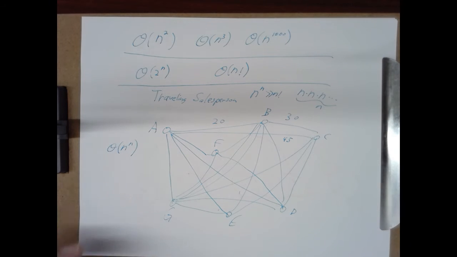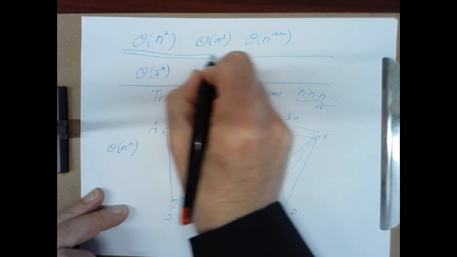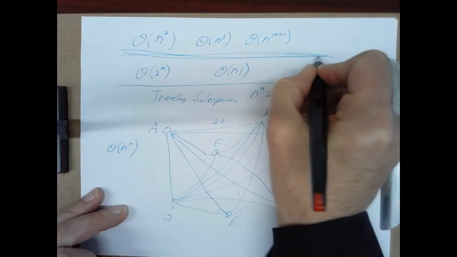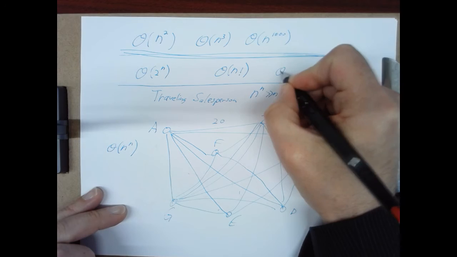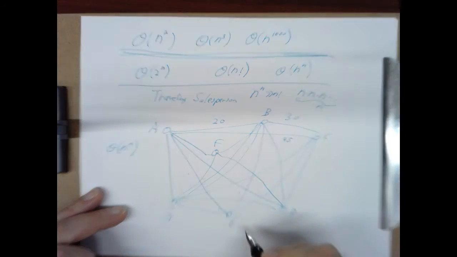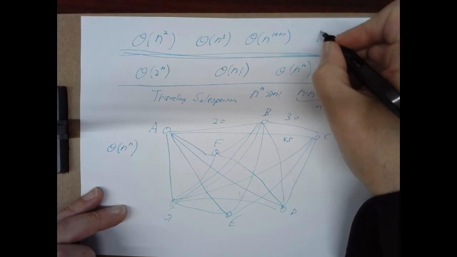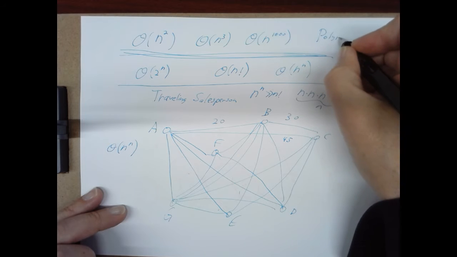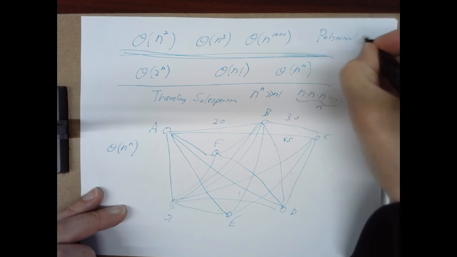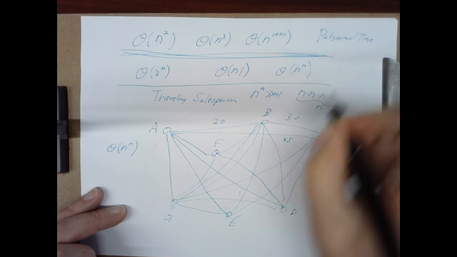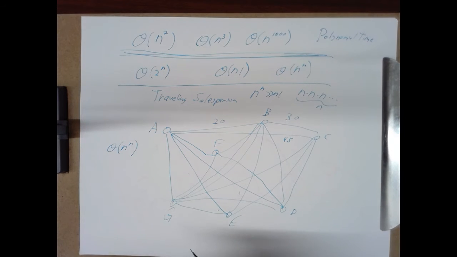And we differentiate between these cases up here and these cases like this. So these, we say, can be done in polynomial time, because n to the 1000th is a polynomial. So what's a polynomial in n?